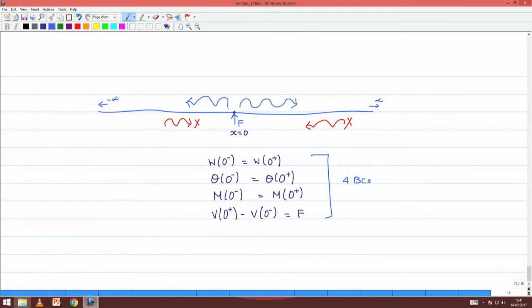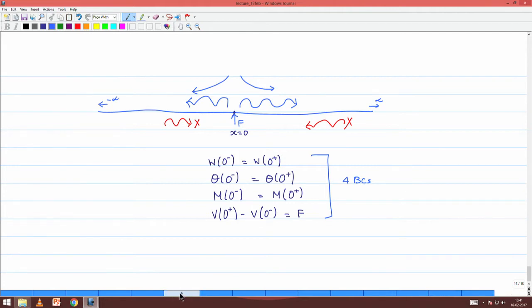So, you would need to satisfy 4 boundary conditions in order to solve this problem. Using just 2 travelling waves you will not be able to satisfy all the 4 boundary conditions, right. So, the only way that is left, and that is what comes out of our mathematical derivation, is to account for these 4 boundary conditions with not just these 2 travelling waves, but 2 evanescent waves also, right.